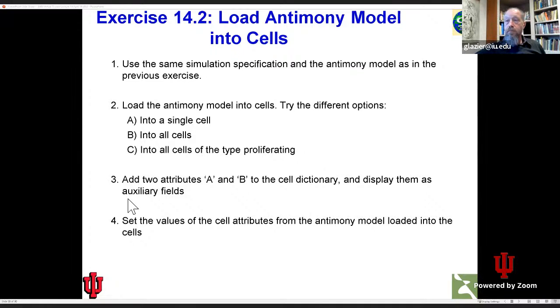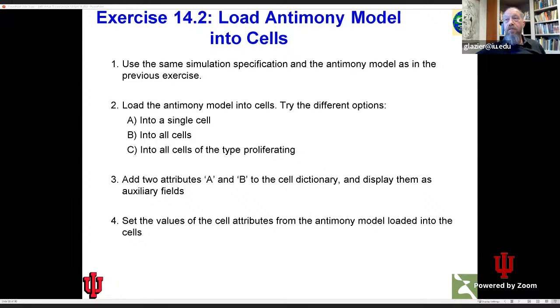Okay. And so if you wanted to do something more fun, you could have the proliferating cells grow and have the rate of growth be A or B. And now you're beginning to build something that's a little more useful.